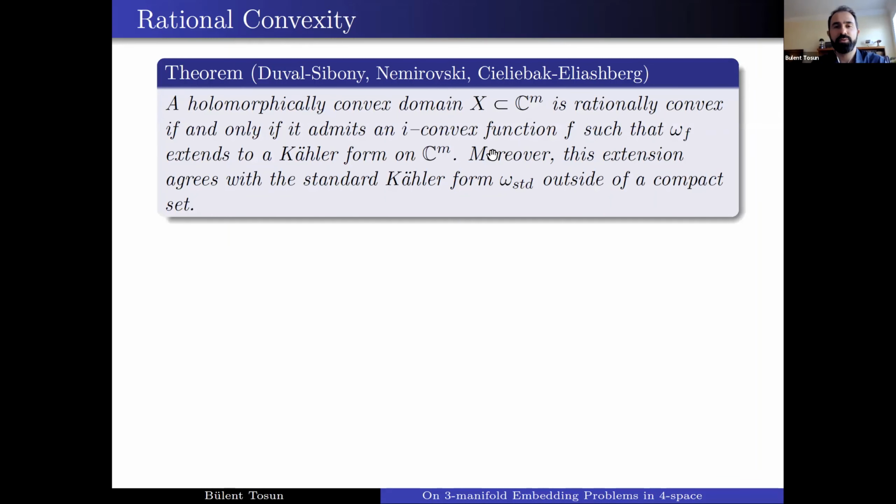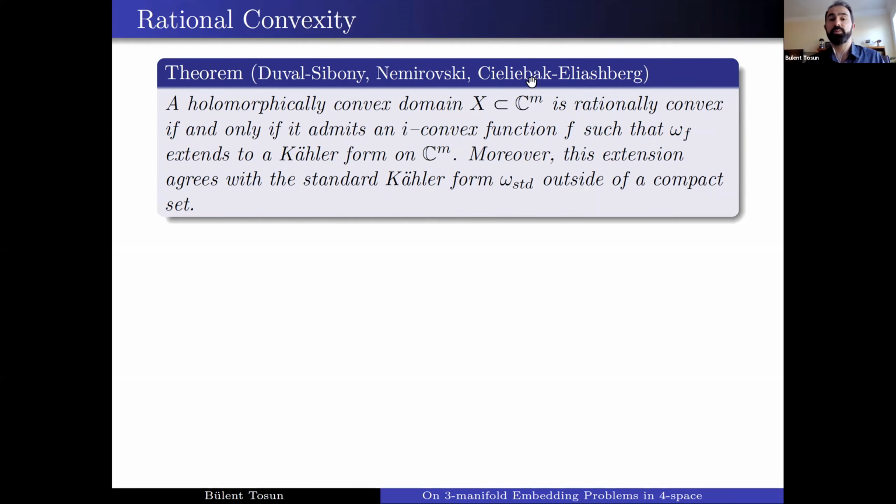So for the definition, I will take the following theorem. The first part is due to independent work of Duval, Sibony, and Nemirovski, which is that the domains for which this omega F can be extended to a Kähler form on CM are precisely rationally convex domains. So take it as a definition if you wish.